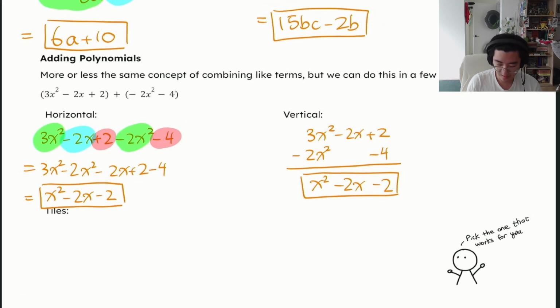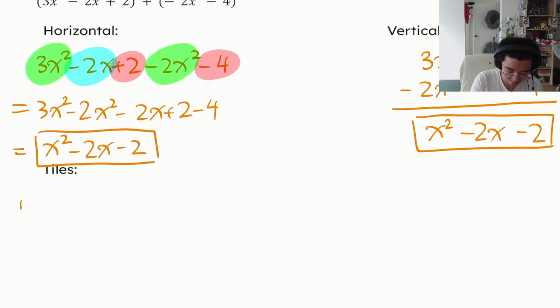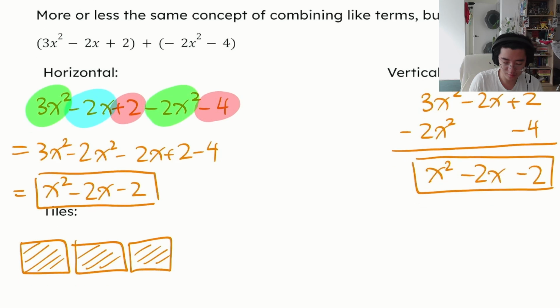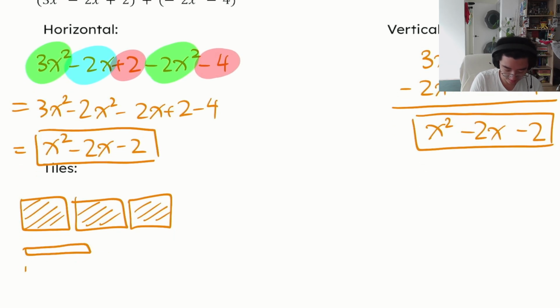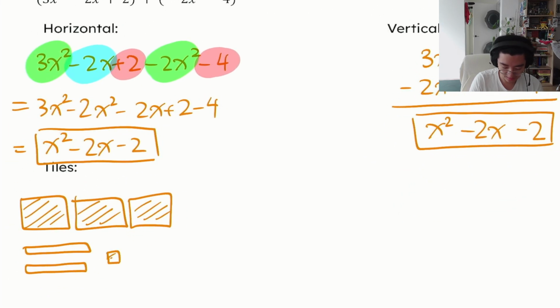And of course, for my visual learners, you can also use tiles. So we got 3x squared tiles. That's positive, so 3 of those tiles, that's shaded in. We got 2 negative x tiles, so minus 2x, so it's 2 long tiles, that's blank. And then plus 2, so it's 2 positive 1 tiles, like that.